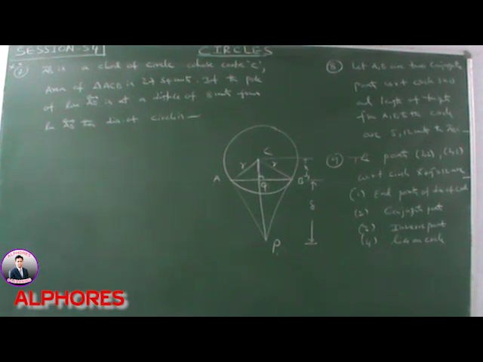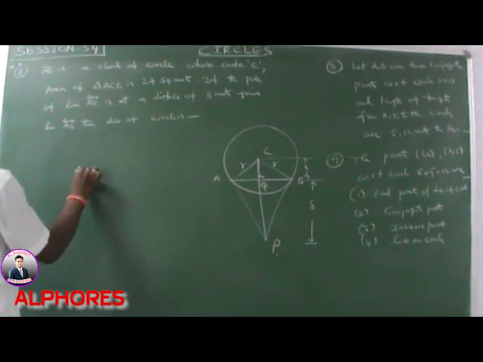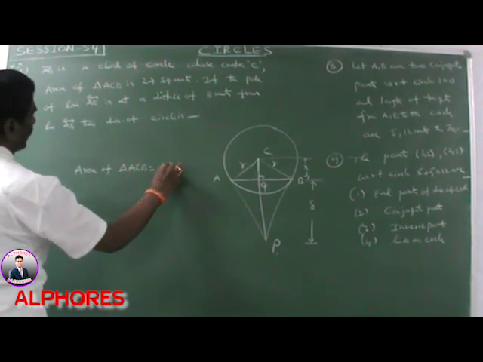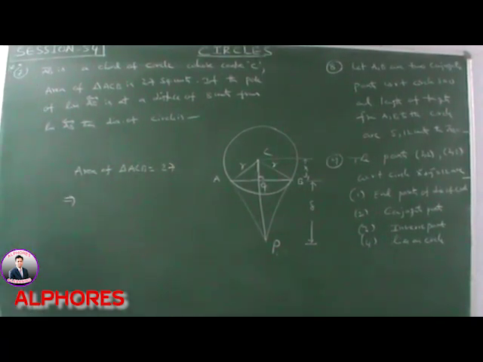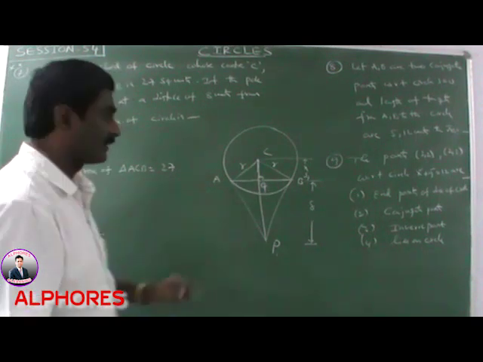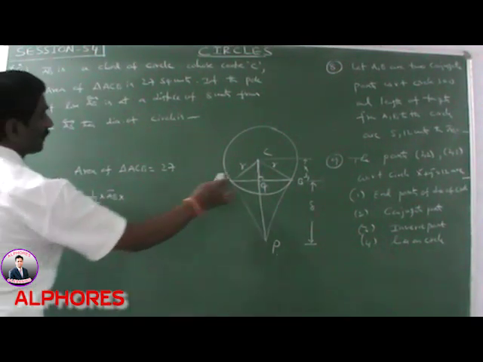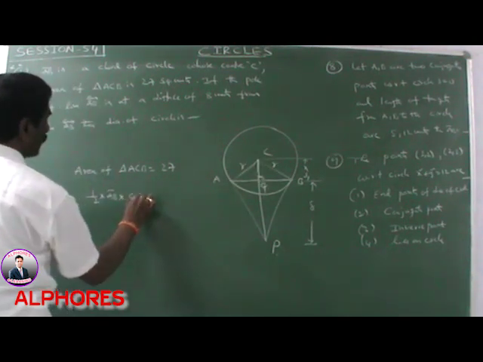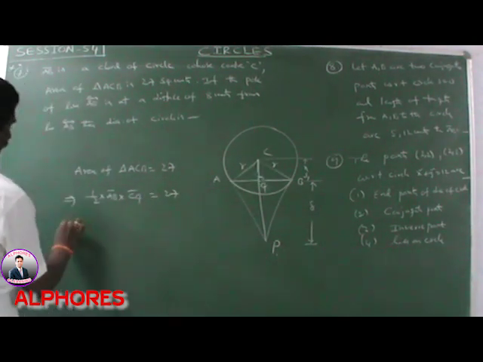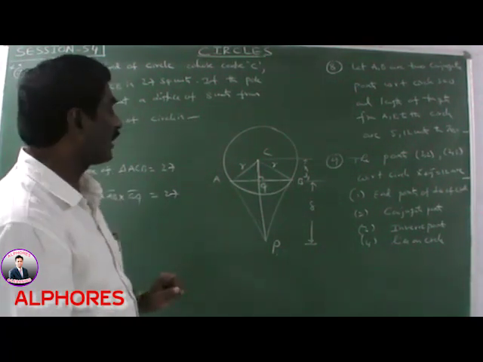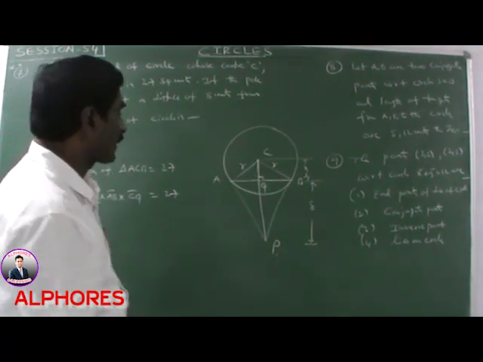Now from the given, area of triangle ACB is equal to 27 square units. What is the area? Area is half base into height. That means half into AB into height, which is this CQ value, is equal to 27. AB is the length of the chord. What is the length of the chord? Length of the chord is equal to 2 root (r square minus d square).